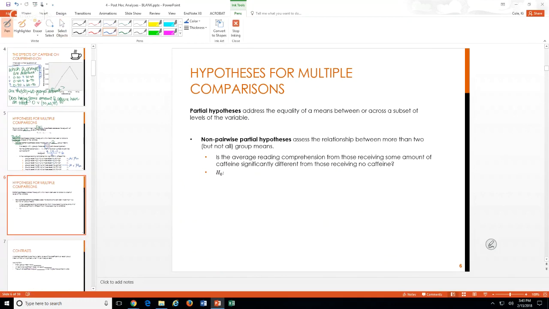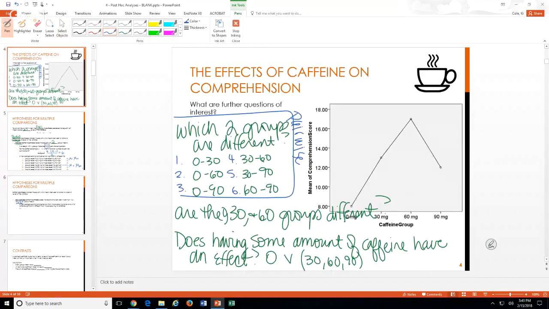We may also have some that are called non-pairwise that assess the relationship between more than two, but maybe not all group means. So we'll go back. The last two questions are non-pairwise. This first one here involves only the 30, 60, 90 groups.